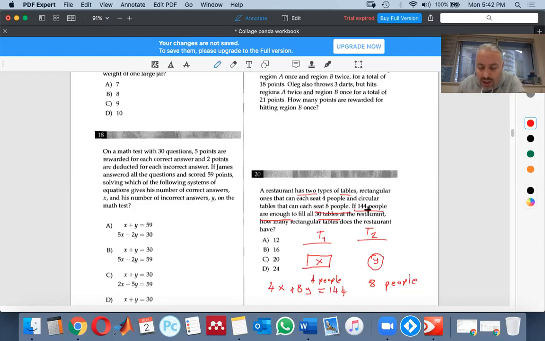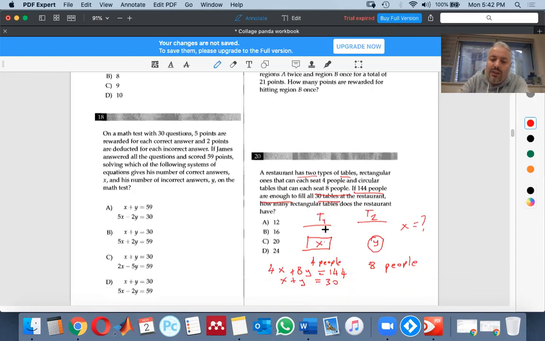Let's check. 144 people are enough to fill all 30 tables. What is 30 tables? Means X plus Y is equal to 30. Since it says all means all of them, totally 30. So X amount, Y amount, totally 30. So the question, how many rectangular tables does the restaurant have? Rectangle I call X, so the question is find X.